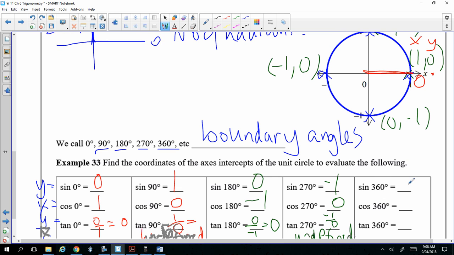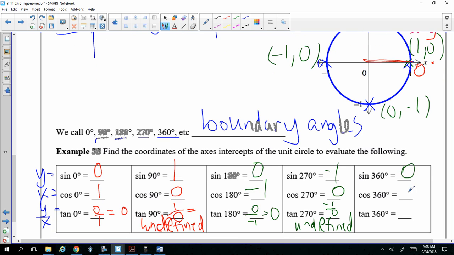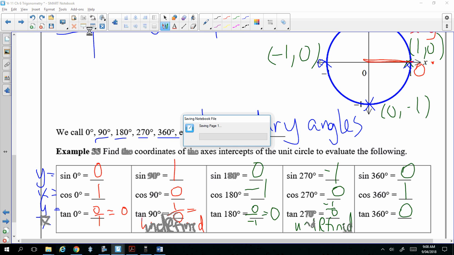Anika, what's sine 360? 0. Yep. Now we all know how it works. Cos 360. Kira? 1. And the last one, Bailey. 0. Yep. Okay, good. So you all know how it works. It's actually easier, right? Boundary angles.